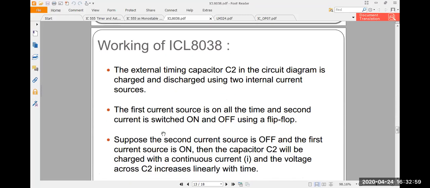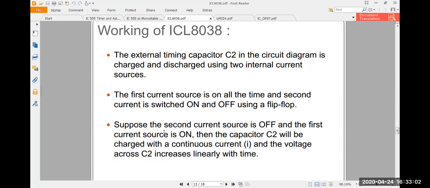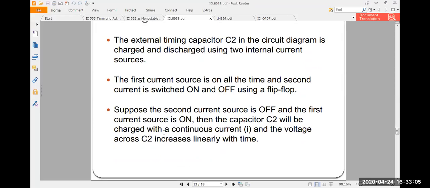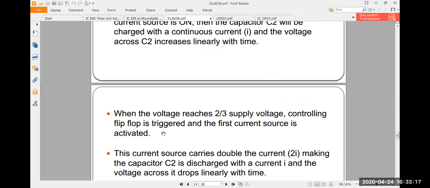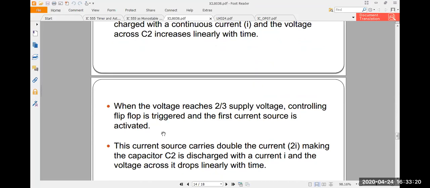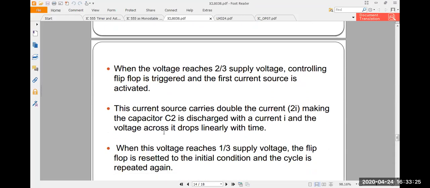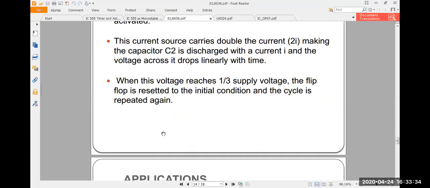With the first current source on all the time and the second switched on and off using the flip-flop, suppose the second source is off and the first is on. Then the capacitor C2 will be charged with a continuous current I, and the voltage across C2 increases linearly with time. When the voltage reaches two-thirds of the supply voltage, the controlling flip-flop is triggered and the second current source is activated. The current source carries a stable current, making the capacitor C2 discharge, and the voltage across it drops linearly with time. If you see the similarity between IC 555 and this IC 8038, it's the same.